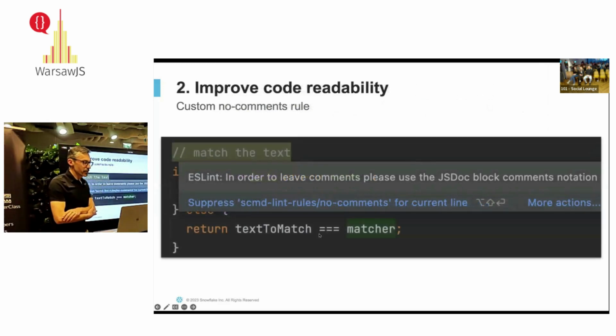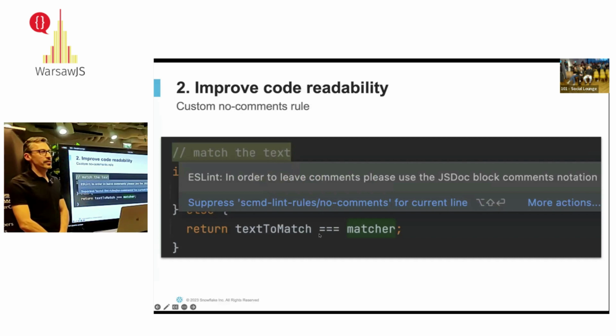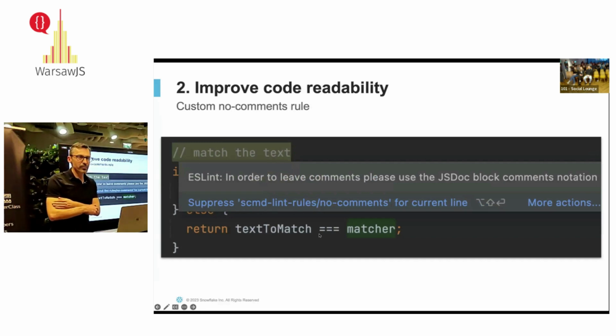Okay, next example, improving code readability. So it's about code comments. At some point in our project, we decided that code comments are bringing a lot of noise to our code. It becomes not readable, and we wanted to get rid of comments. But we wanted to have an exception for block comments.